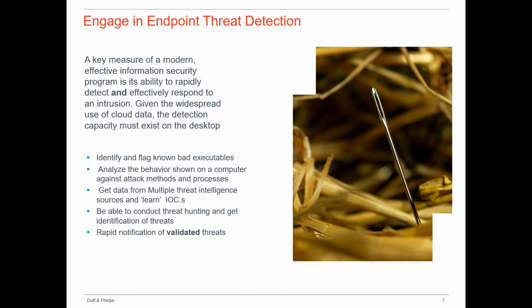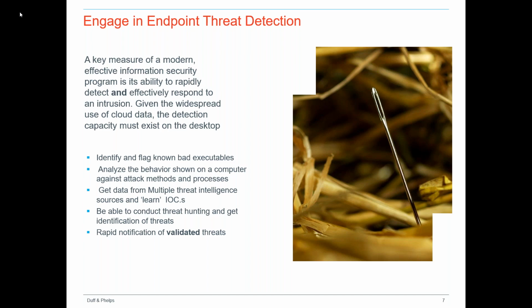And that means they have the capability to analyze behavior shown on a computer against attack patterns and methods. Think of it like how a department store detects theft. They've learned where people go to steal. They've learned the places and ways that people use to hide things that they want to bring in to take out, and they look for those things.